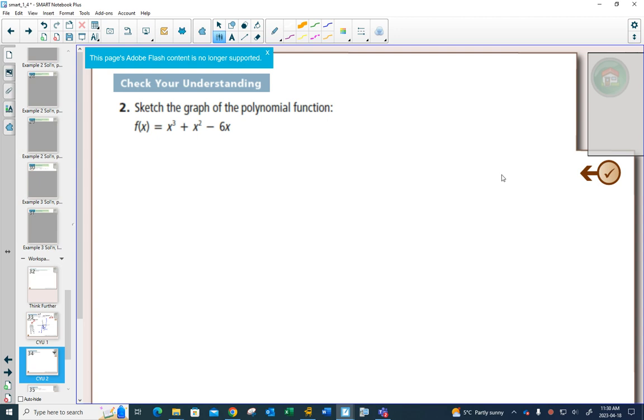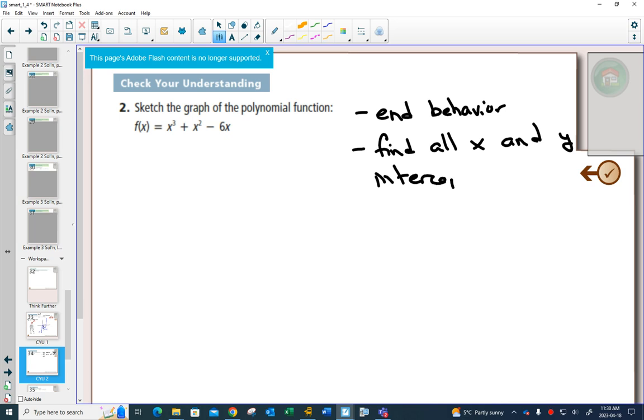We're still going to use the end behavior, but we're also going to find all x and y intercepts. And if we have all the x and y intercepts and the end behavior, we are going to be able to draw a very accurate graph. So what does it look like?